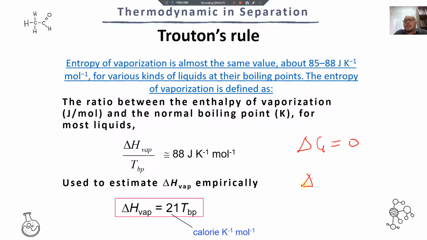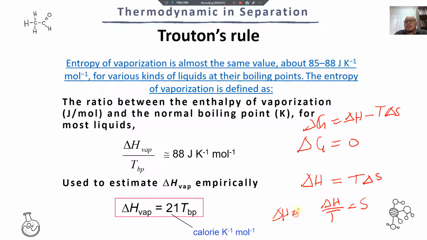So G is equal to the change of heat minus T times S. If G equals 0, you get H equal to T times the change of S, so H over T equals S. So the entropy of vaporization, you can calculate by dividing the change of H by T.